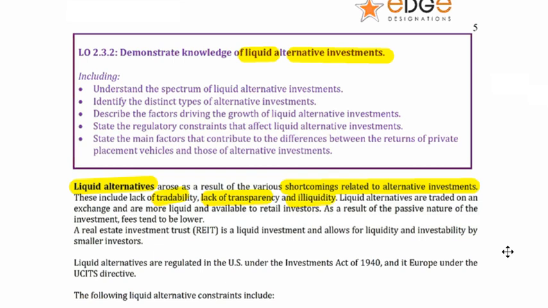Liquid alternatives are traded on an exchange and are more liquid and available to retail investors. As a result, their fees tend to be a little bit lower. A nice example of a liquid alternative is a REIT, a real estate investment trust, which is a liquid investment and allows for liquidity and investability by smaller investors.